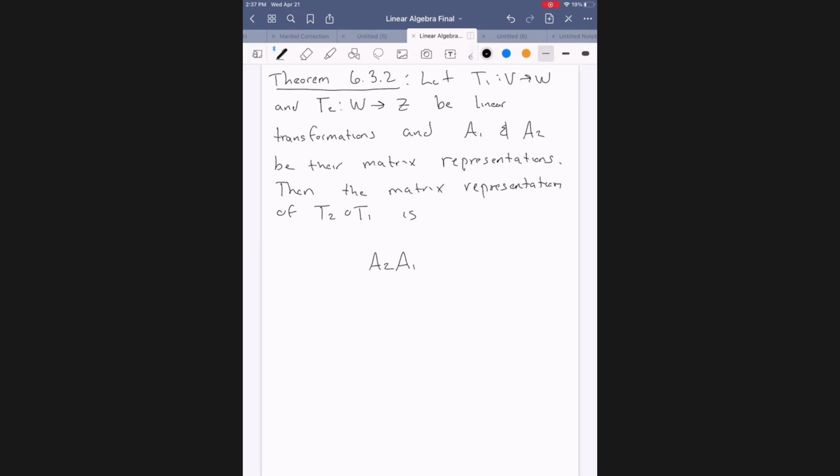You just multiply these matrices instead. So instead of doing the composition like how I wrote it in the first definition, just find the matrix representations for T1 and T2 and multiply them together, and that's the same thing as if I were to compose T1 and T2.